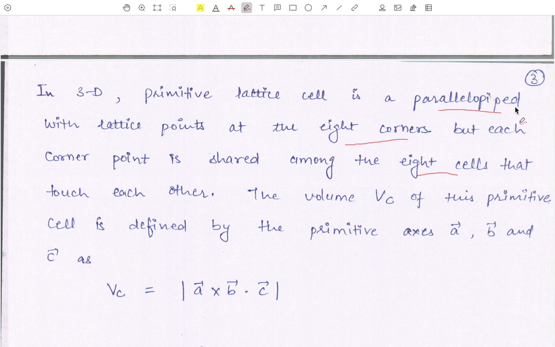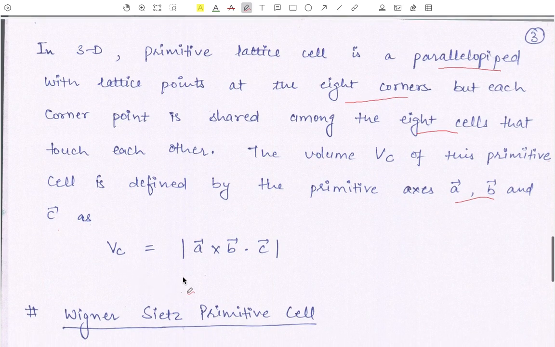That is a parallelepiped in which there are lattice points at all the 8 corners, and each corner point is shared among the 8 cells that touch each other. Also, the volume of this primitive cell is defined by the primitive axes a vector, b vector and c vector as Vc is equal to the modulus value of a cross b dot c. This is the volume of a 3-dimensional primitive lattice cell.